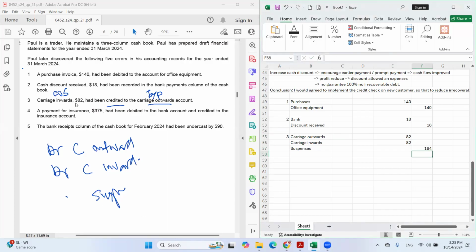Number 4, a payment for insurance 375 has been debited to the bank account and credited to the insurance account.